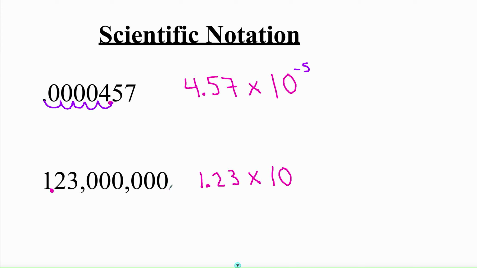And this last one, the decimal, there was an understood decimal here at the end of that number. So I had to move this 1, 2, 3, 4, 5, 6, 7, 8 times. So that would be times 10 to the 8th. So when you have those positive exponents versus those negative exponents, that determines whether you're going to make a number bigger or smaller.